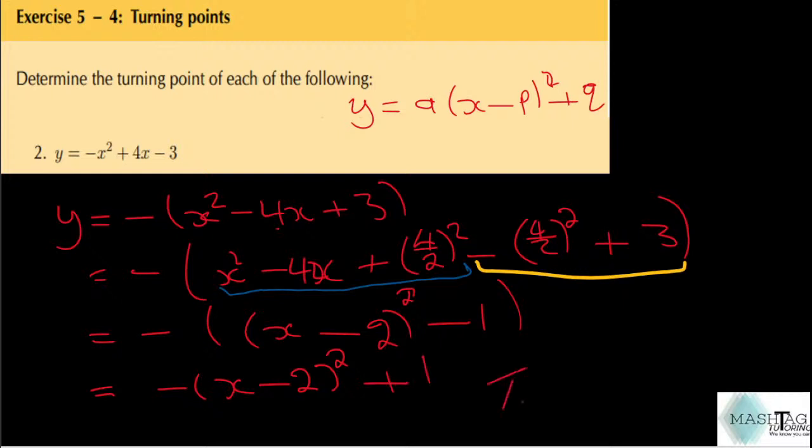And therefore, because now we have successfully put this equation in this format, we are able to take out the turning point from there. And therefore your turning point will be a positive 2 and a 1. So it's 2, 1.